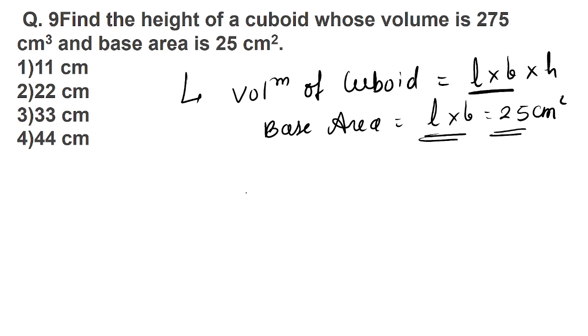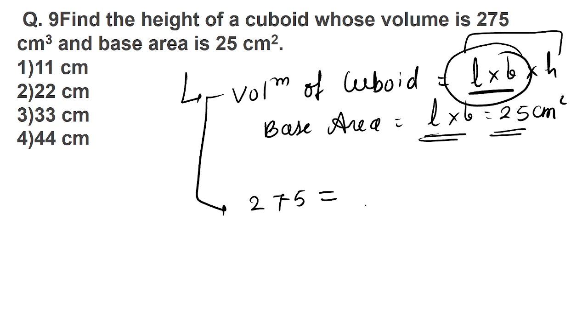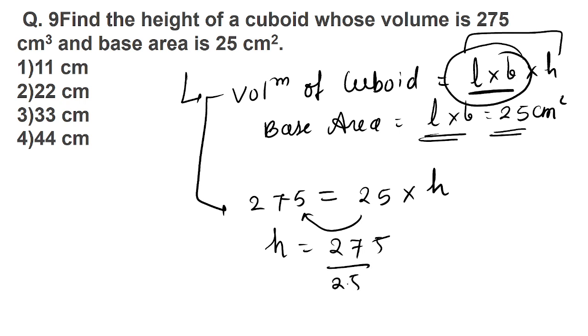So the volume of cuboid mentioned in the question was 275. This will be equal to length into breadth into height. I know the value of length into breadth now. This is equal to 25 into, what is left? Height is left. So I can simply find the height by taking 25 on the other side. 275 divided by 25.